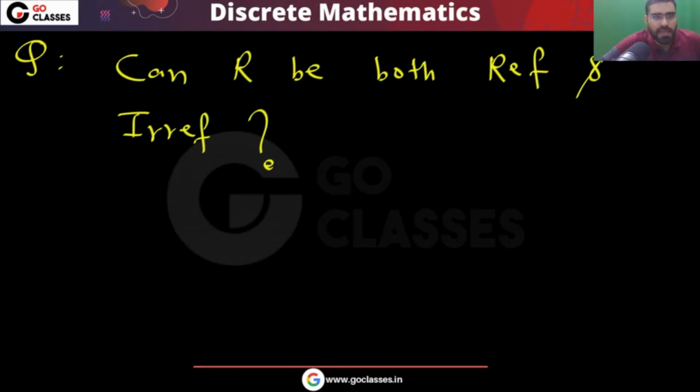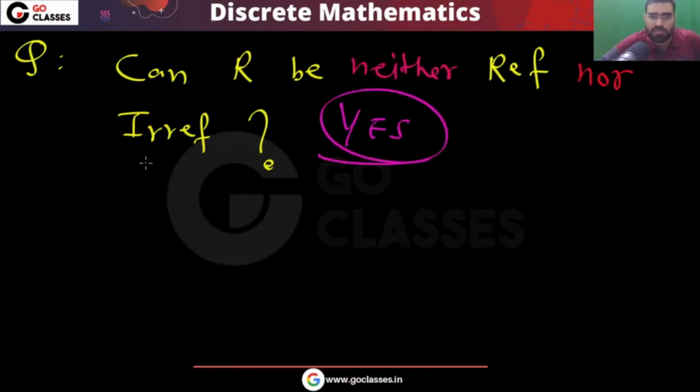Now let's see, can a relation be neither reflexive nor irreflexive? Is it possible? Yes, this is very much possible.